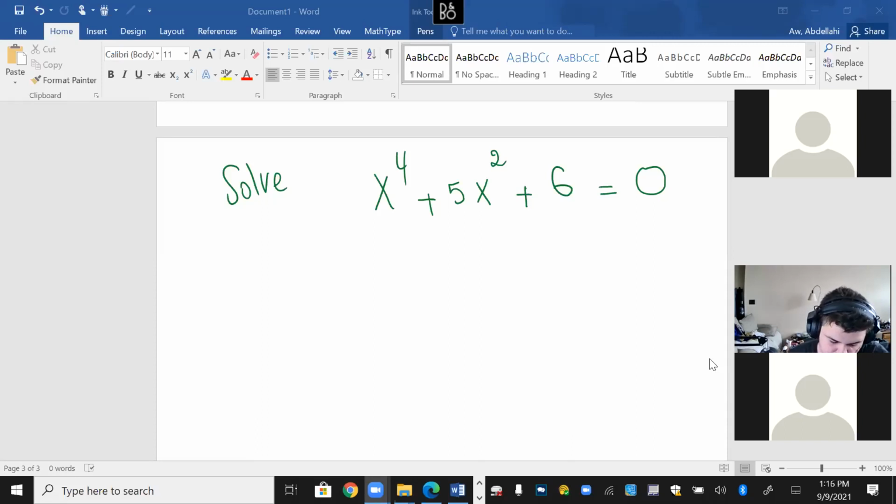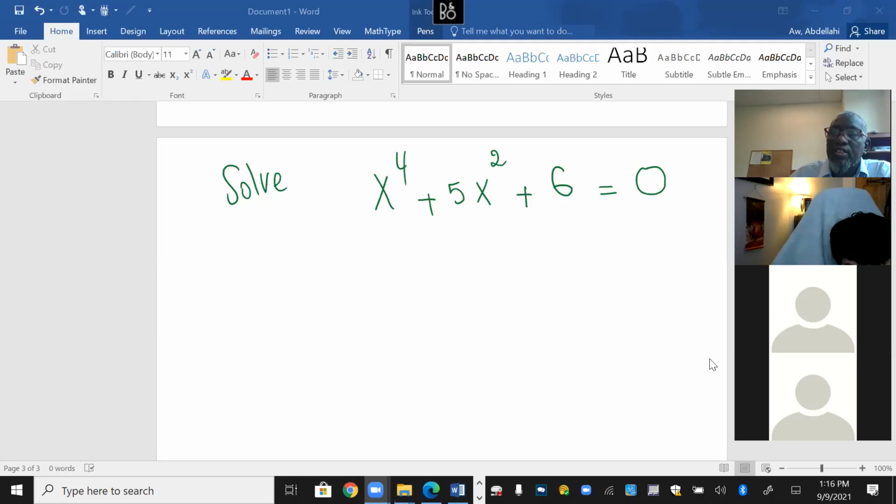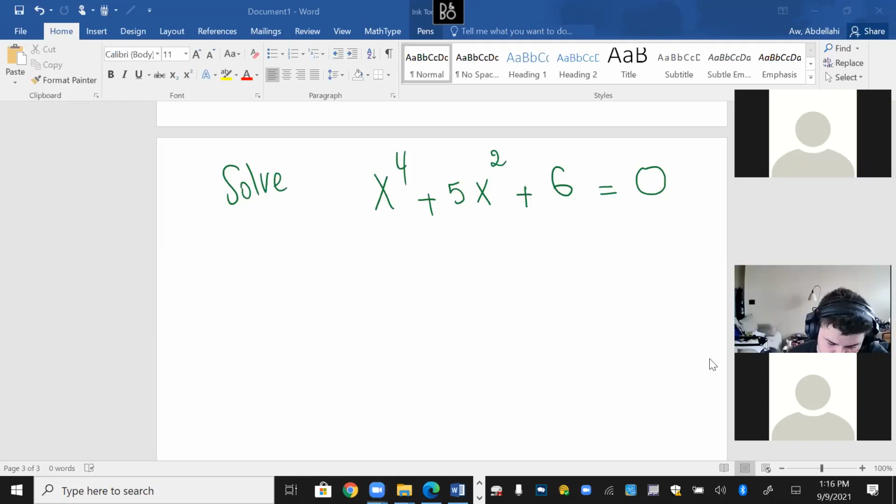I don't know if that's right. Positive and negative square root 2i or positive and negative square root 3i. Exactly. You see that the last ones seem to be more correct.